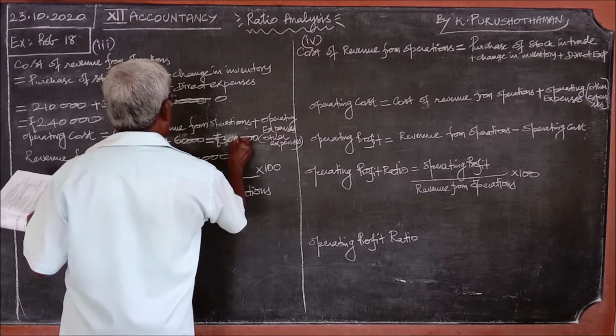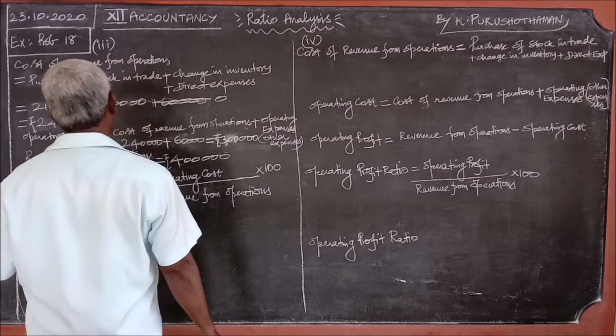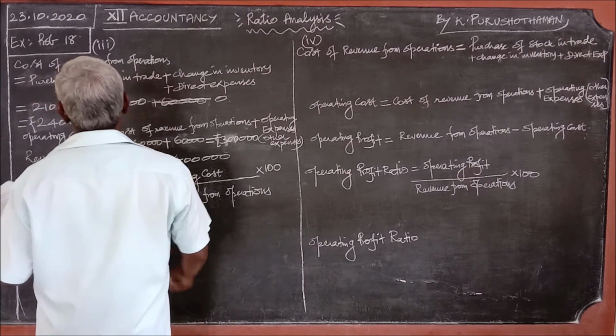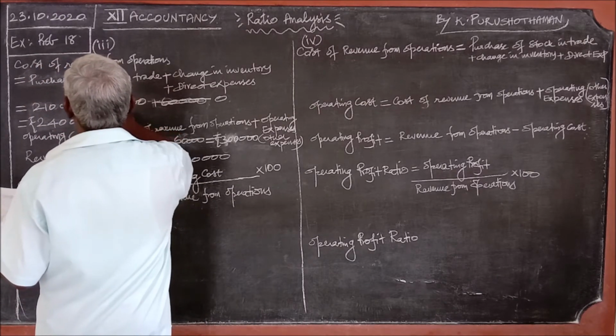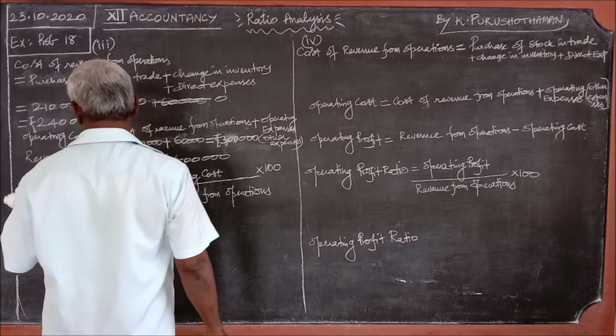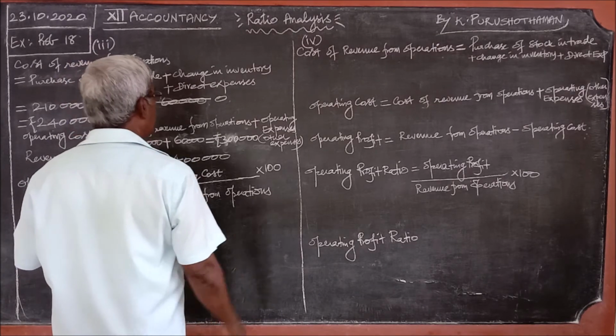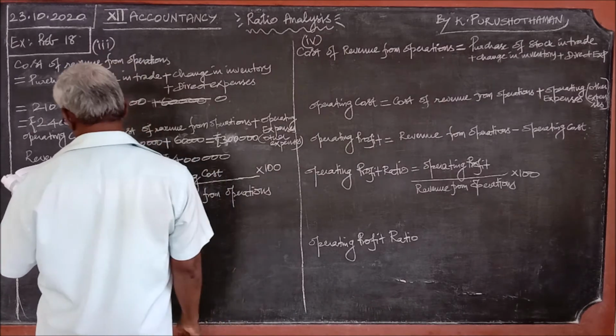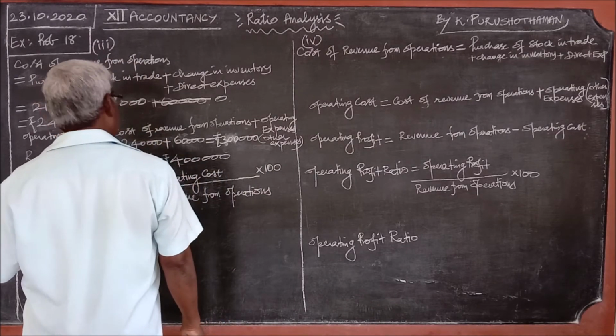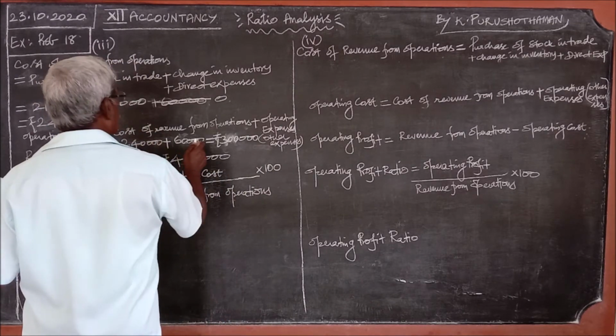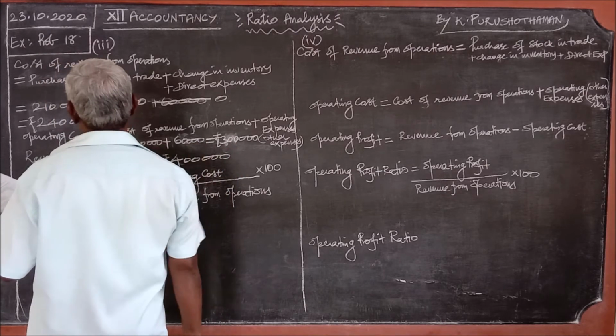Cost of revenue from operations we have found out 2,40,000 plus operating expenses. Operating expenses in the sense other expenses it is 60,000. So 2,40,000 plus 60,000, 3 lakhs.